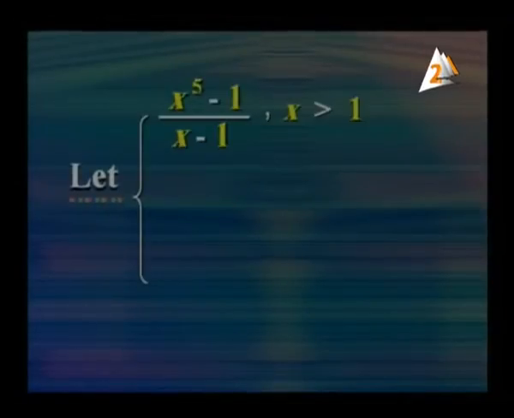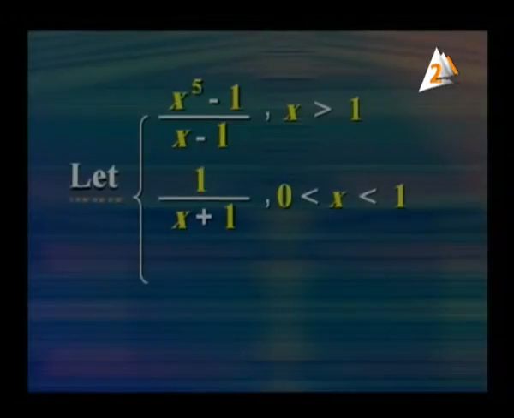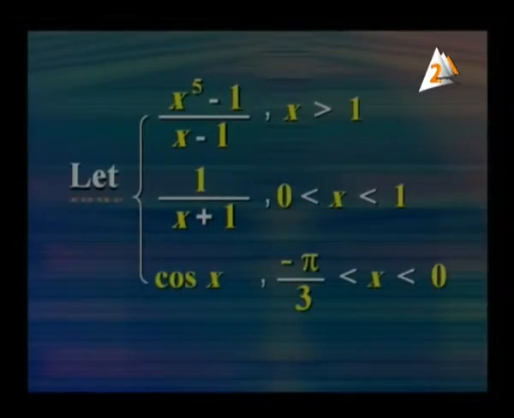Let function f equal (x^5 minus 1) over (x minus 1) when x is more than 1, 1 over (x plus 1) when x is smaller than 1, cosine x when x is more than negative pi over 3 and smaller than 0.